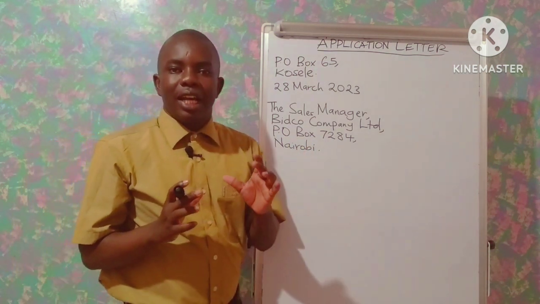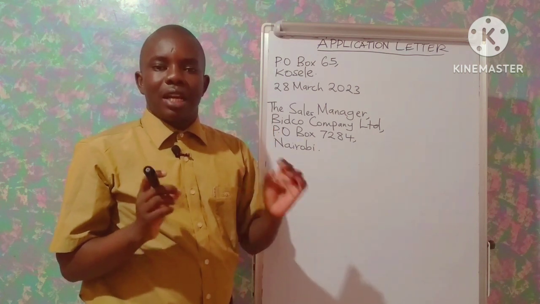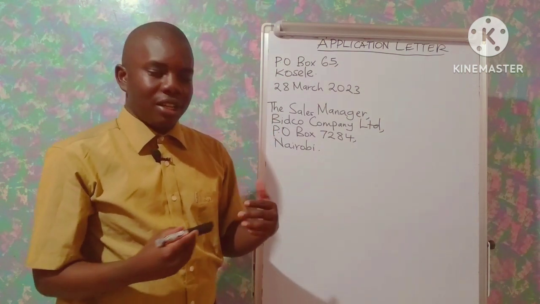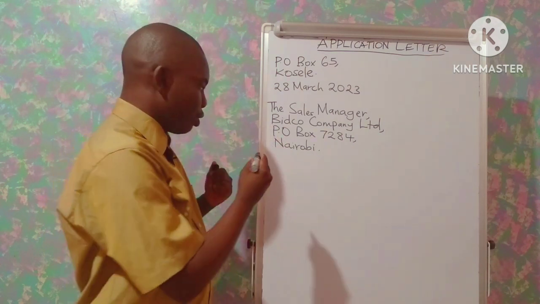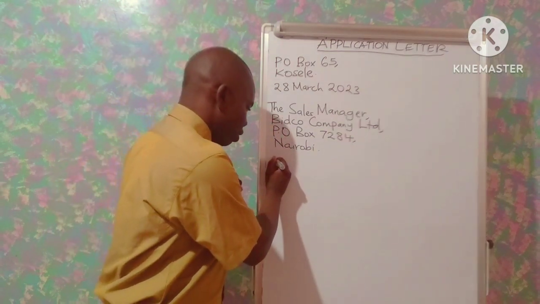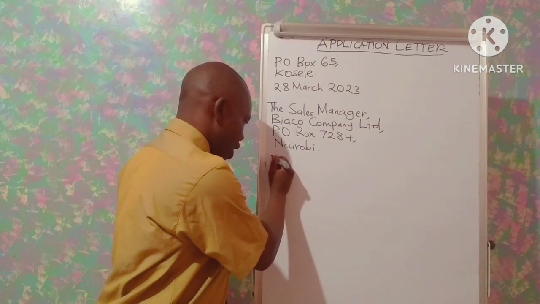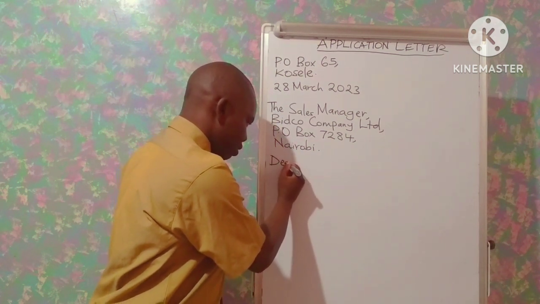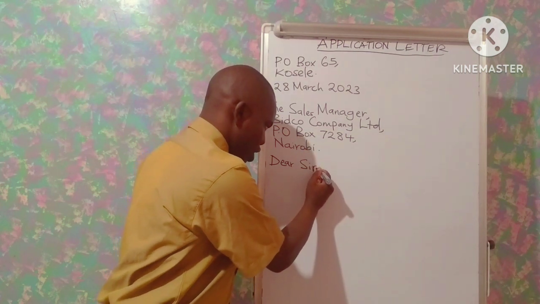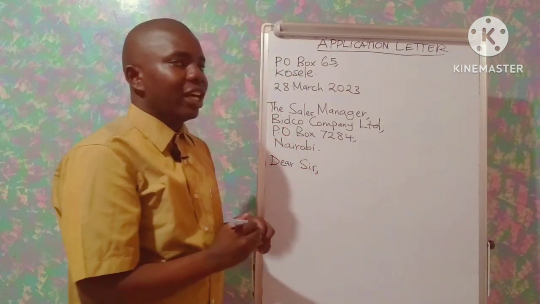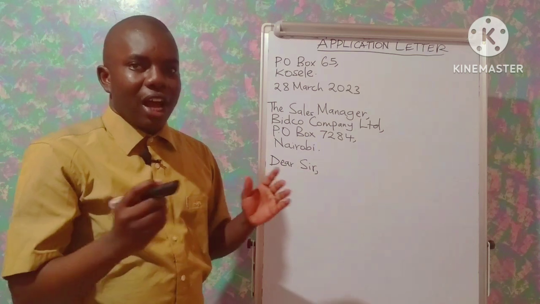From the company's address or the receiver's address, we move to salutation. So we can have maybe dear sir, then you put a comma.